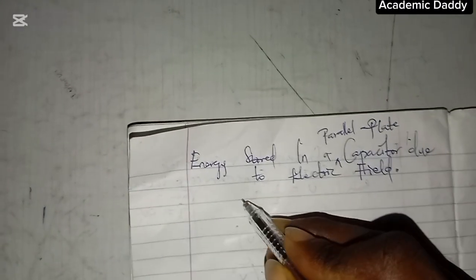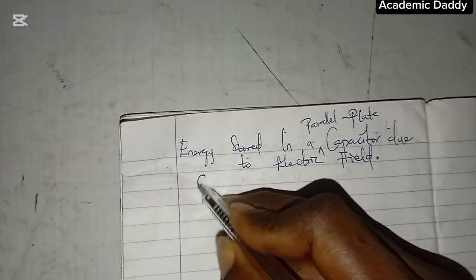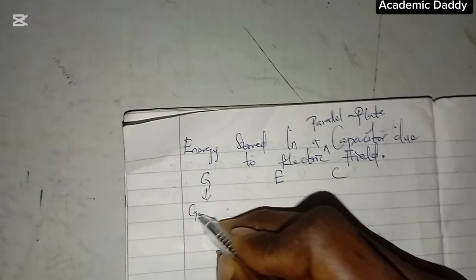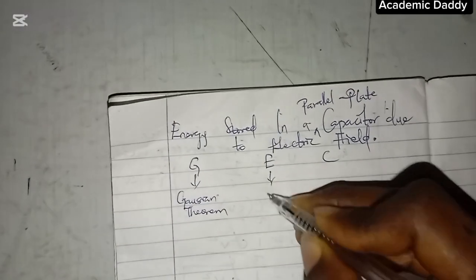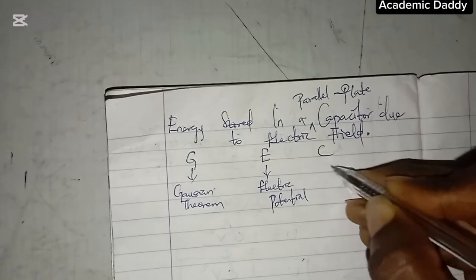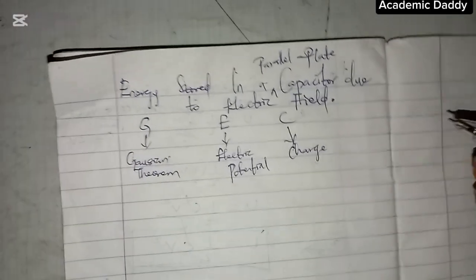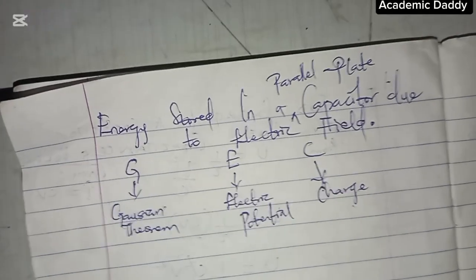And I want to believe that by now, once we talk about electric field, something comes to your mind. That is Gaussian theorem. If you remember, the other one was surface density, but this time around the S part is not what we're going to be having.